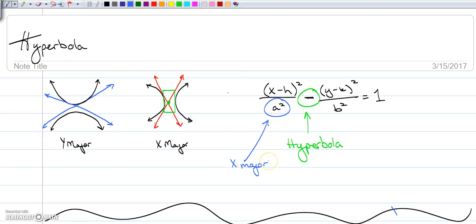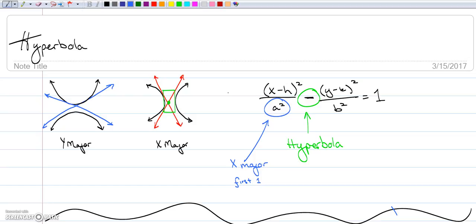So in order to form a Y major hyperbola, we would have to flip this and make it say (y - k)^2 / b^2 minus the x's and the a's. It's because this is first.